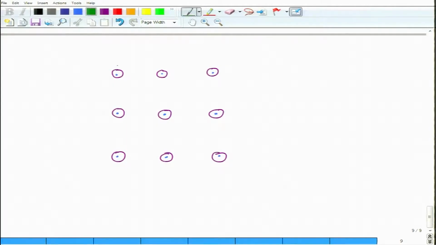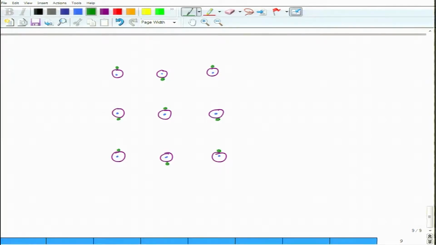And I put the green atom 1 here, okay, 1 there, 1 here, okay, and then 1 here, 1 there, 1 there, 1 here, 1 there, and 1 here.